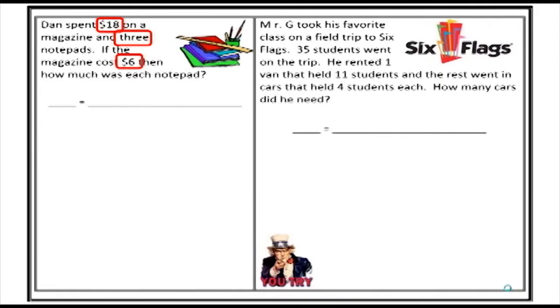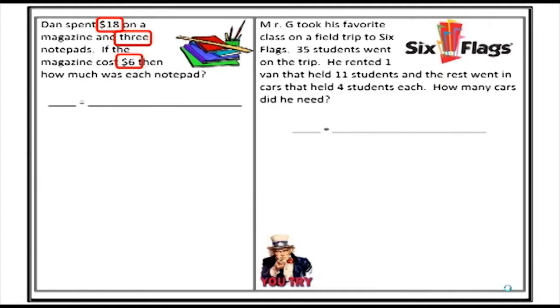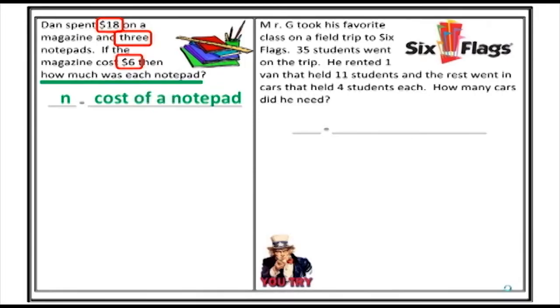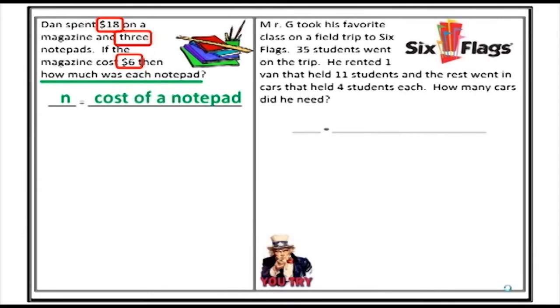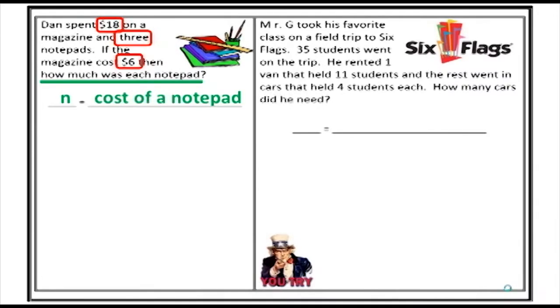I'm going to label my variable. To label my variable, I look at the final question. How much was each notepad? Well, each notepad cost N. I don't know what N represents. It's a placeholder right now until I set up my equation and go back and solve for what N actually represents.